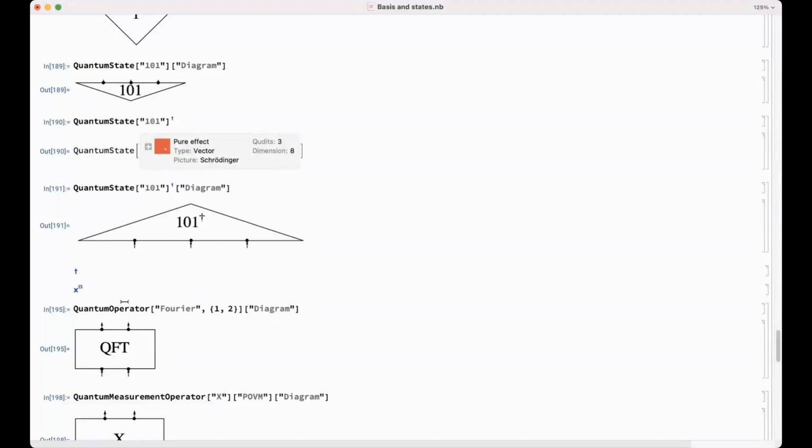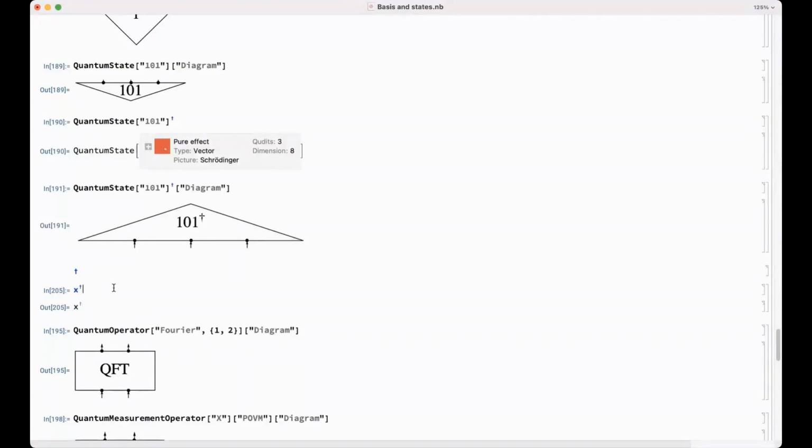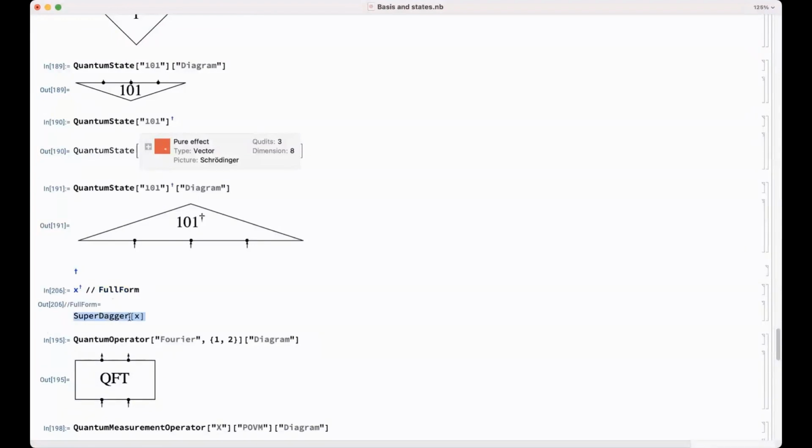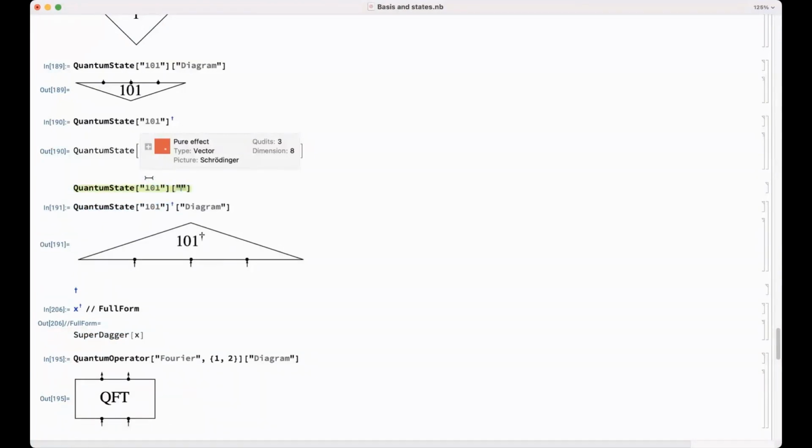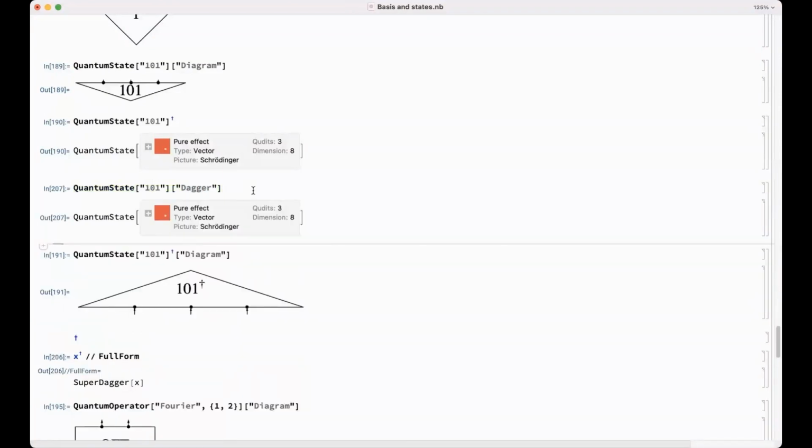If you have this dagger symbol in your superscript or power, underneath it interprets it as the special dagger symbol. When you have this special symbol acting on a state, it knows that you are daggering it, taking its conjugate. Instead of using this fancy notation, you can just use a property called Dagger, which is the same as this.